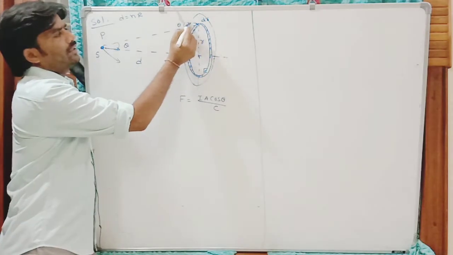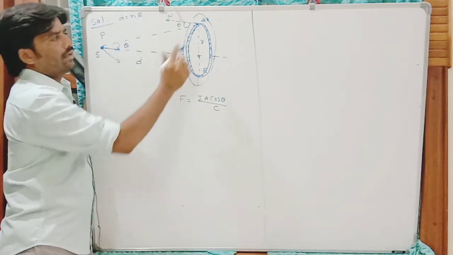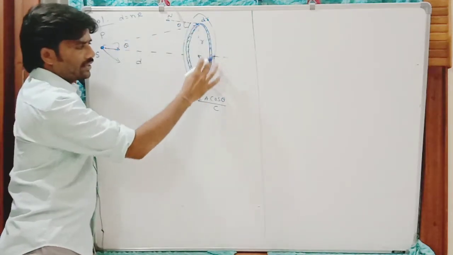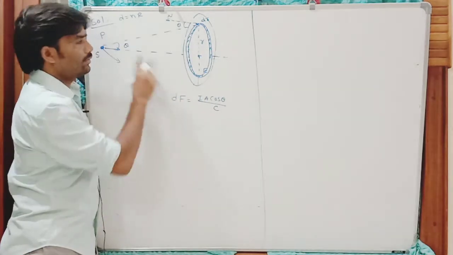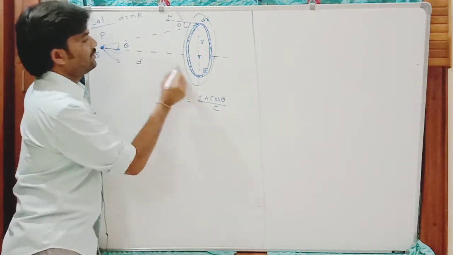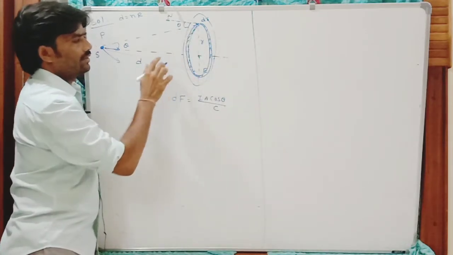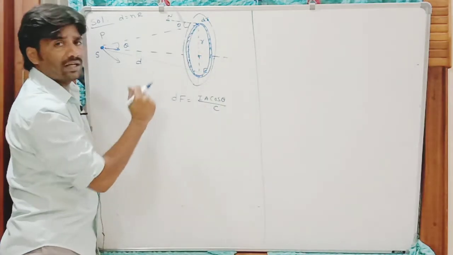The normal to this ring at this position is n. Now the force experienced by this ring due to all the photons hitting on it is dF. This is the force exerted by the radiation which strikes on this edge of the ring. So all those photons make the same angle with the normal.